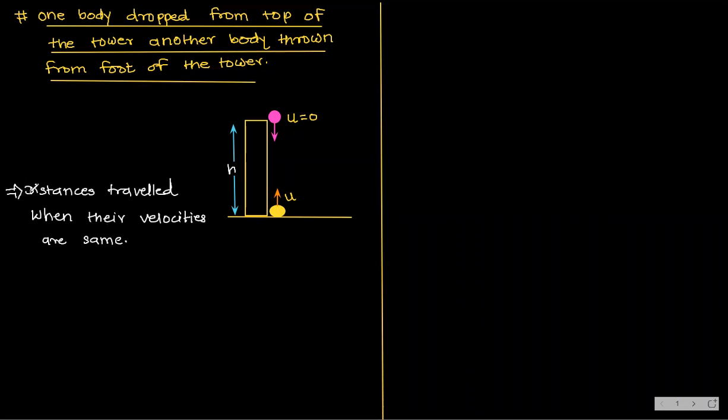Means what we are going to find? We are going to find S1, that is distance traveled by first body, and S2, that is distance traveled by second body. Okay, I am writing here, this is first body, and this is second body. Okay, now see.